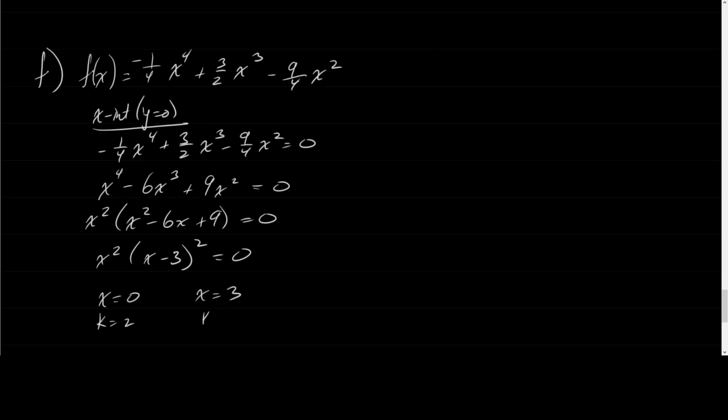Both of these have multiplicity 2, right, from the exponents. So now we can go ahead and sketch this, because we know from the leading coefficient test that the degree is even and it has a negative leading coefficient, so it must start down here and end down there, right?